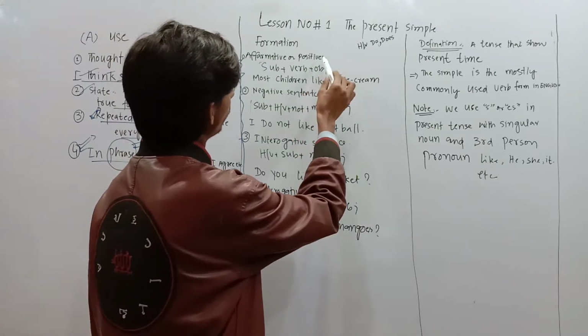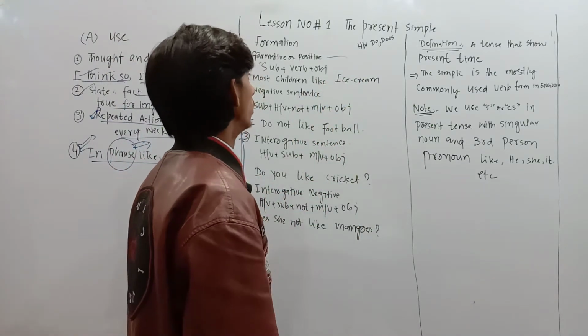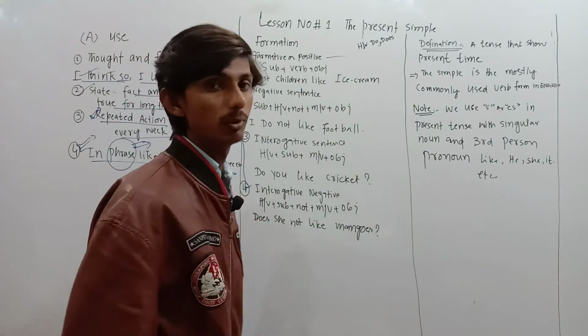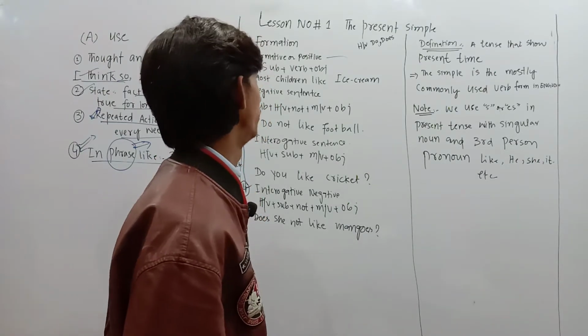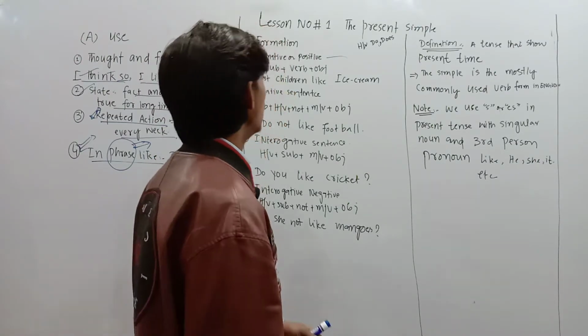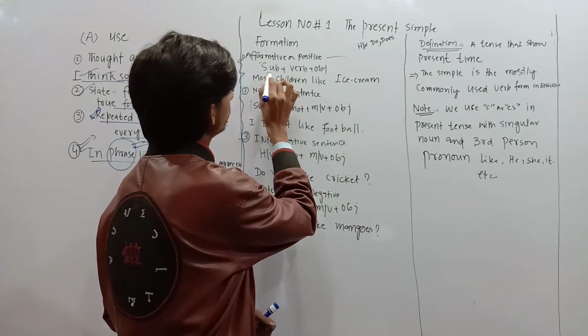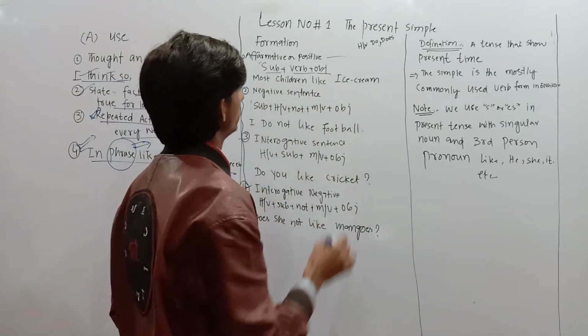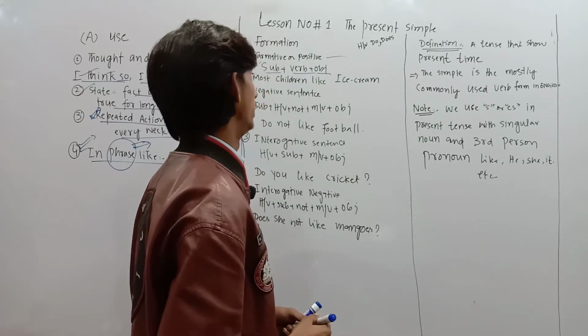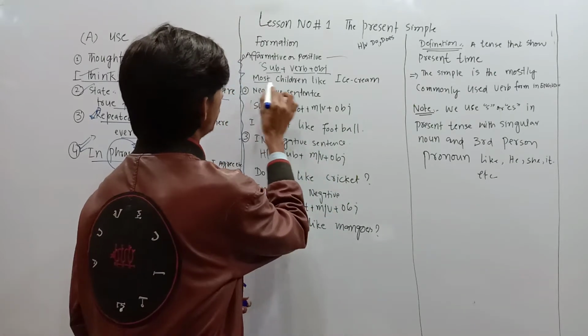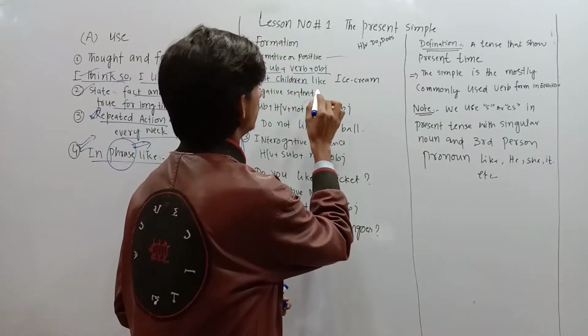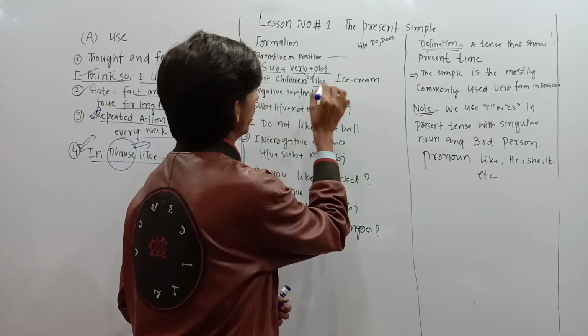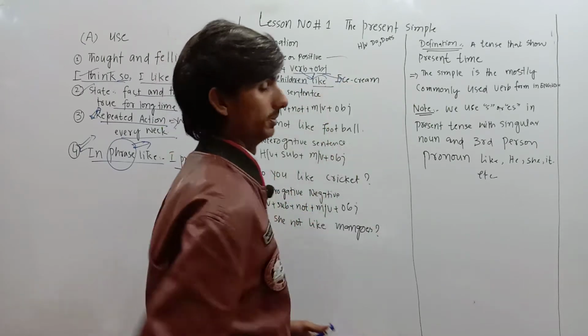Affirmative or positive sentences are those sentences which give a simple statement. The formation is subject, verb, object. Here the subject is most children, the verb is like, and ice cream is the object.